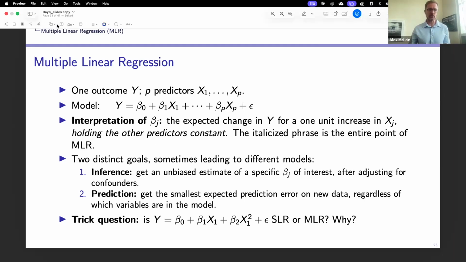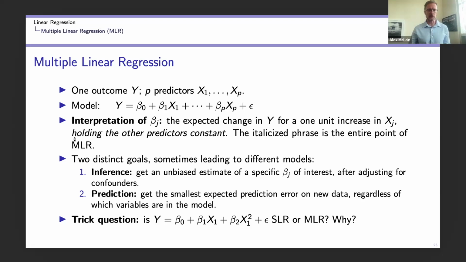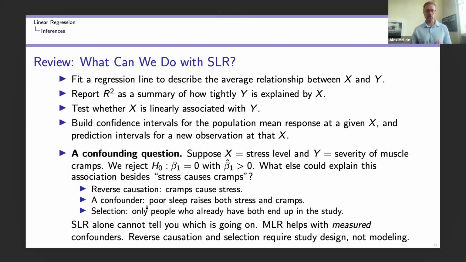That's the real change between simple and multiple linear regression. We're changing age, holding everything else in the model constant. And this is what helps us with the confounder part of this.